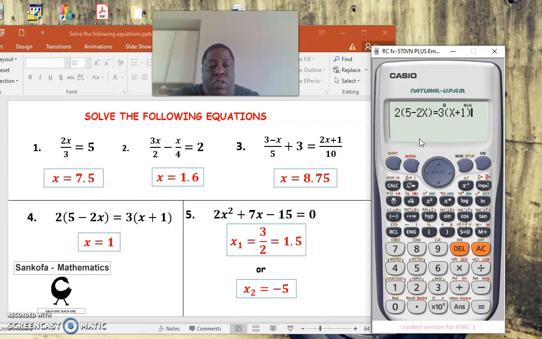Okay, make sure that your brackets are correct, and then you hit shift solve, and you press equal to, and you see that the answer x equals to 1.